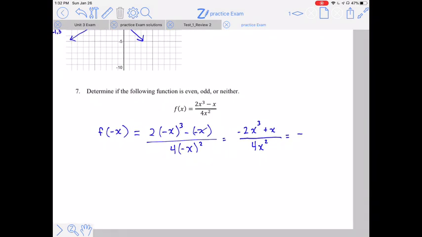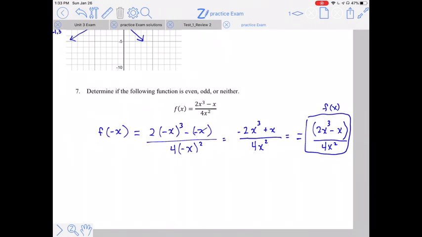If we were to factor out that negative sign from the numerator, what we're left with is 2x cubed minus x all over 4x squared. And this expression here is what we started with. This is f of x, and it says we have the opposite of f of x.